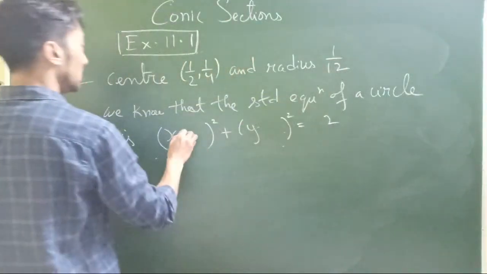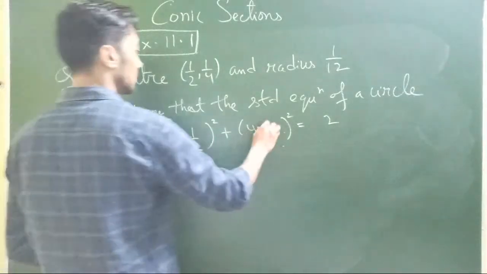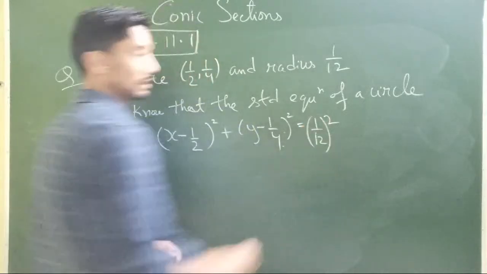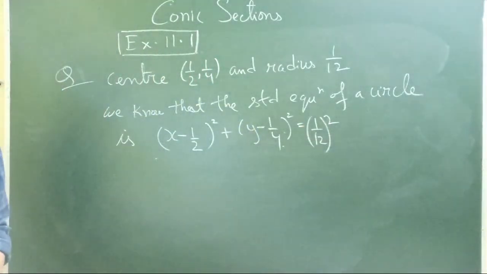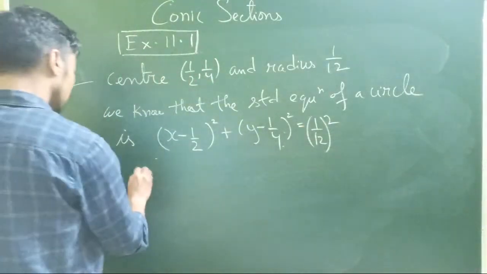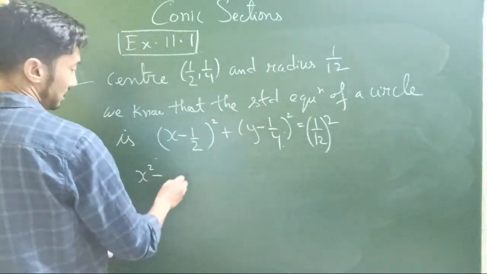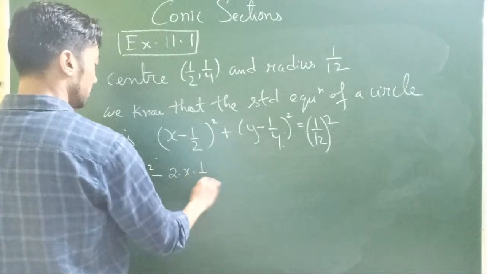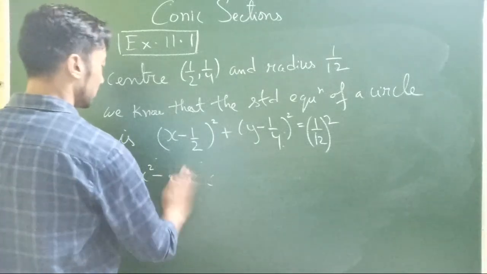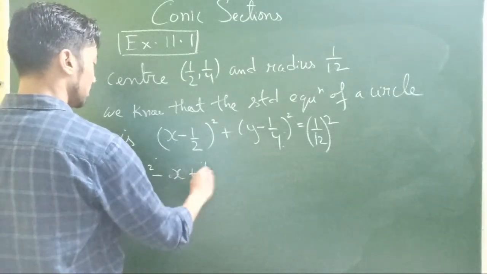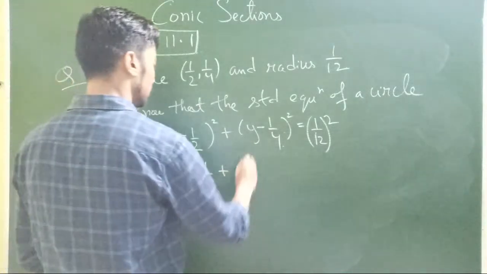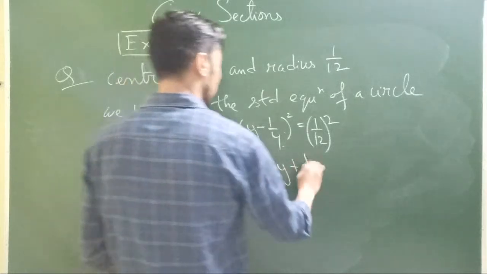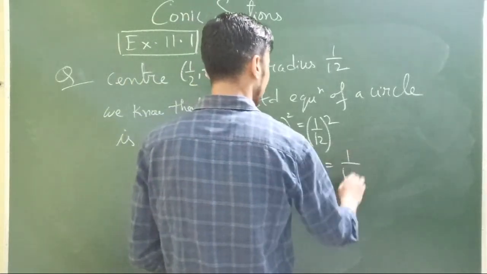So let's simplify. That's going to be x square minus 2 into x into 1 by 2, so x plus 1 by 4, plus y square minus 1 by 2 y plus 1 by 16 equal to 1 by 144.